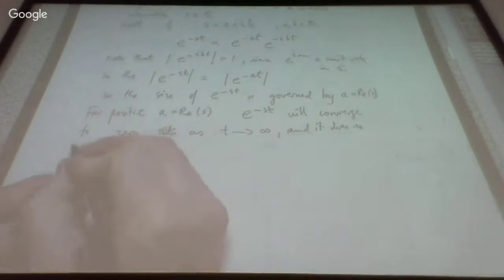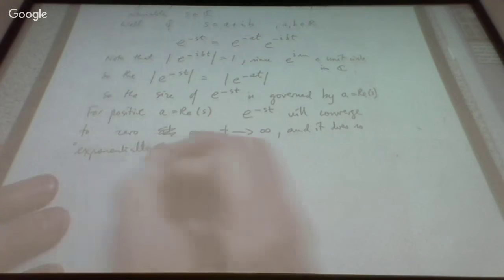Just so, exponentially fast. Which is certainly faster than any polynomial can converge to 0. And fast, in terms of looking at standard families of functions, the exponentials converge to 0 relatively fast.